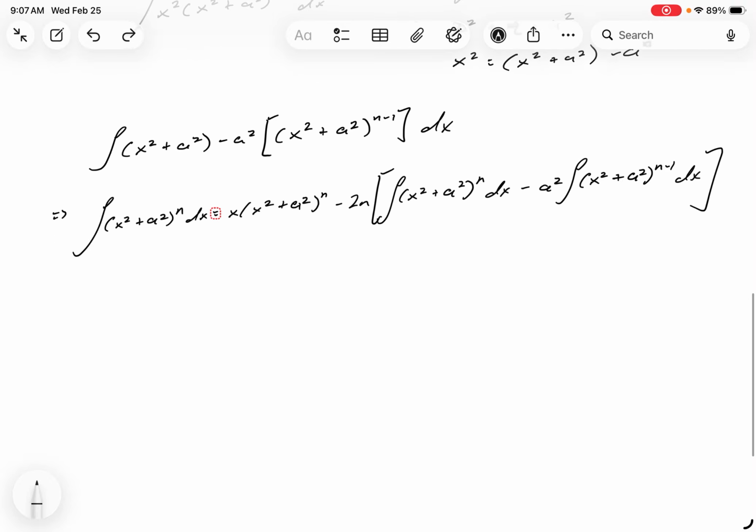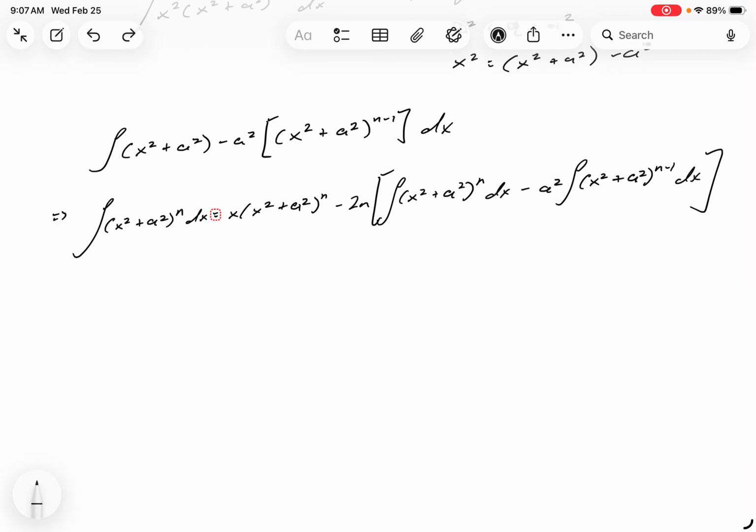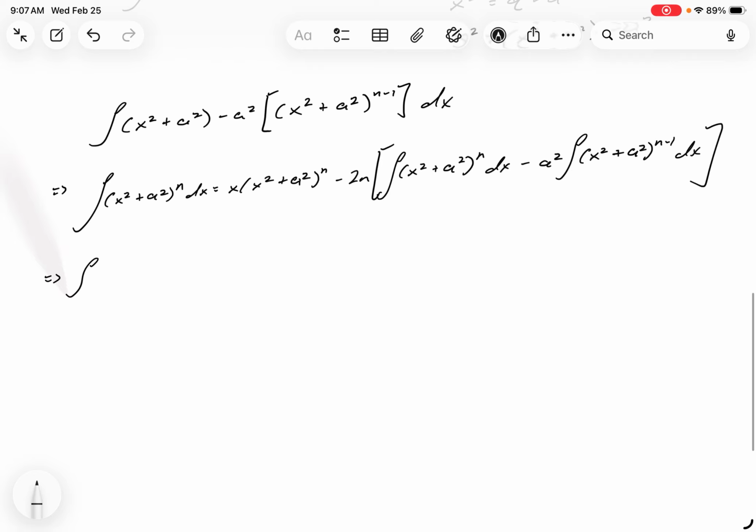So again, I'm sorry, we're going to have to rewrite this unless you guys can do it without it, but I like to rewrite things. So go ahead and skip this part if this is too long. So that's the integral of x squared plus a squared to the n dx.